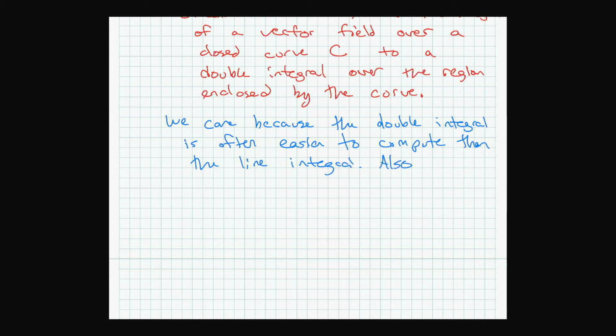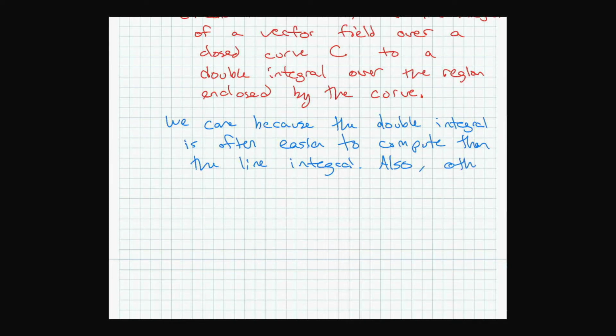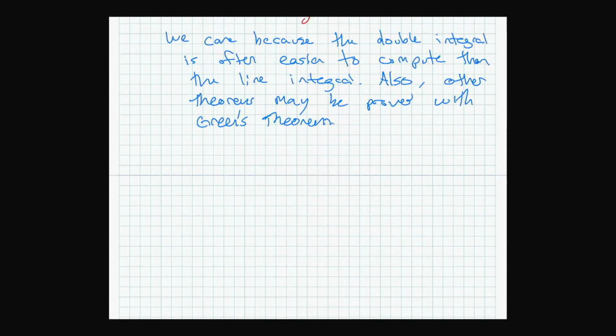Also, you can prove different types of theorems with this. So it's theoretically important, and also it's important just because it lets you calculate more integrals, and that's what we really want to do, is calculate more integrals, right? You haven't done enough yet. You just need to keep going until you've evaluated all possible integrals in the entire world.